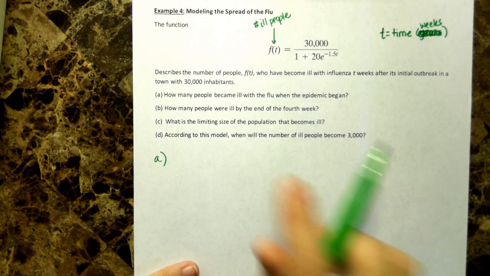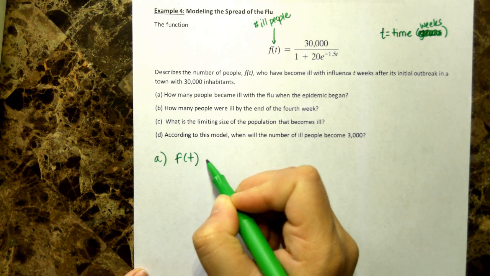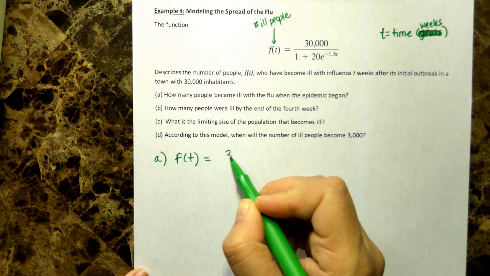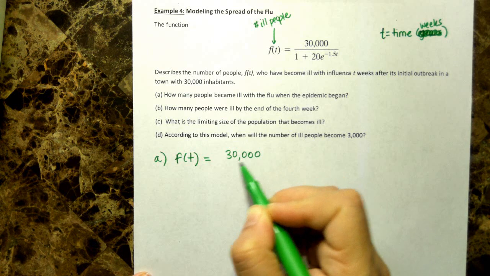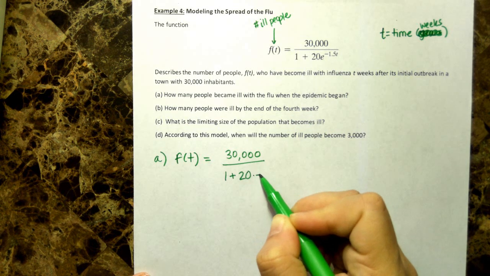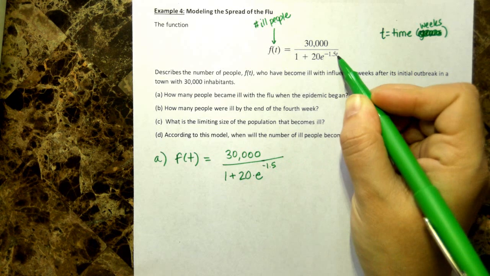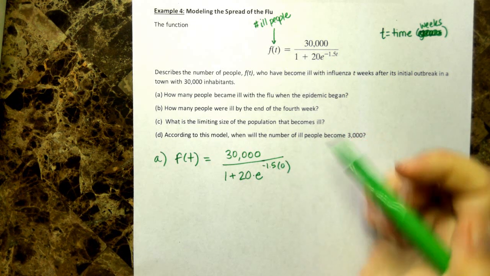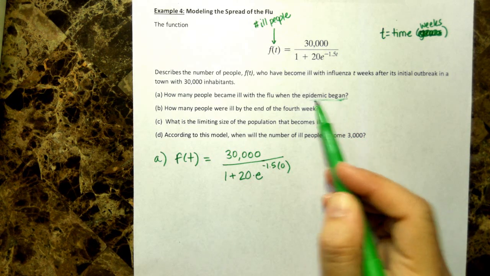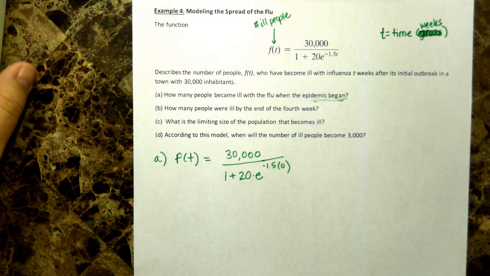So in order to find out the number of people that are sick with the flu at the beginning, you're just going to take this function, 30,000 divided by 1 plus 20 times e raised to the negative 1.5, and instead of t, well, t is going to be 0 because it just began. No time has gone by yet. We're just trying to figure out how many people are sick just when it's beginning and no time has gone by.